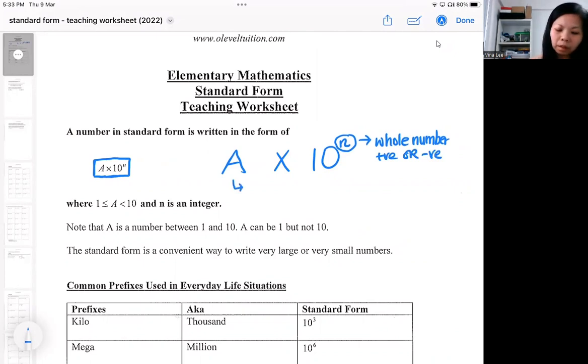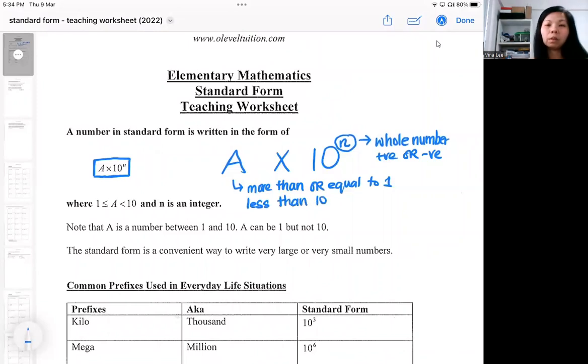And this number here has to be more than or equal to 1, but it must be less than 10. So it should be 1 to 9 point something, but it cannot equal 10. If I write it in inequality, it will look like this. Okay, so those are the two conditions.